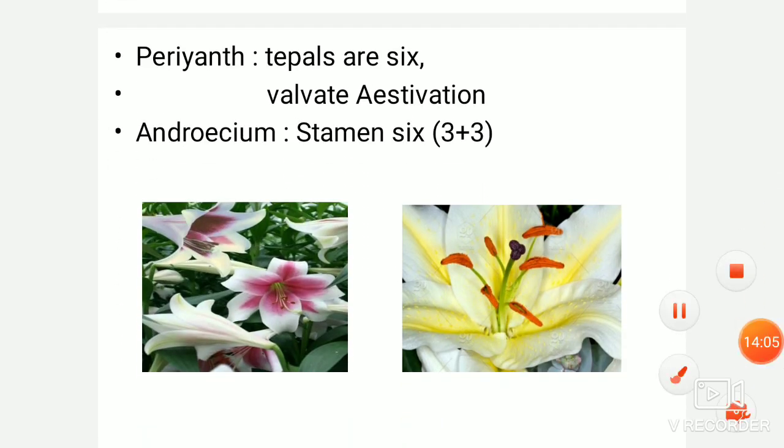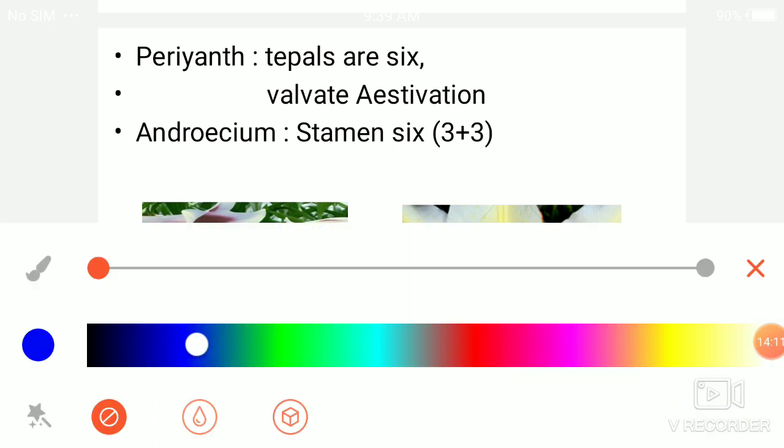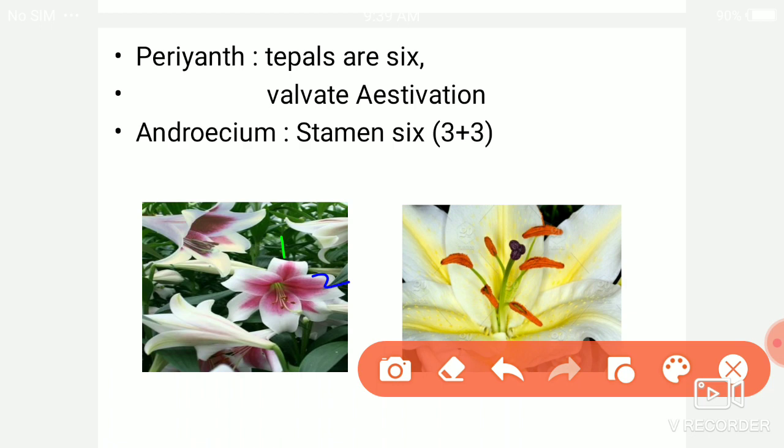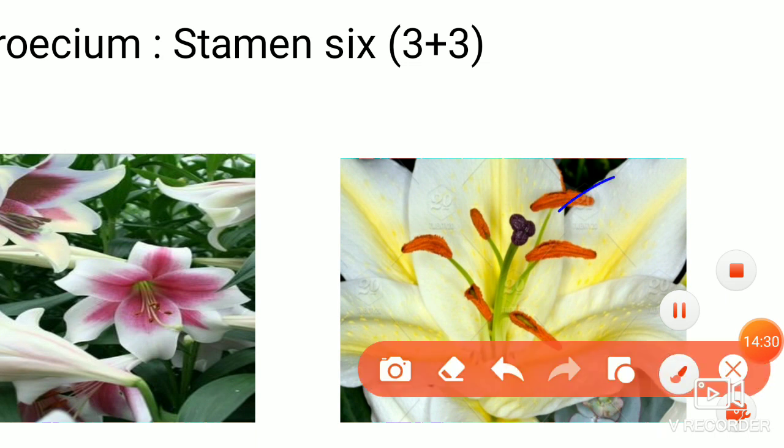Here also you can see that the tepals are 6. 1, 2, 3, 4, 5, 6. So tepals are 6. And the arrangement of the petals and the sepals is called estivation. You can see that the valvate estivation which are present.